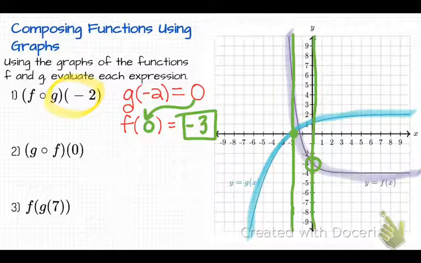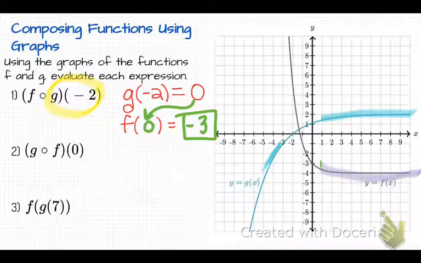Number 2 is similar. Okay, so on number 2, I'm going to erase this now. On number 2, what am I finding first? What am I looking for first? F of 0. Perfect. Okay.